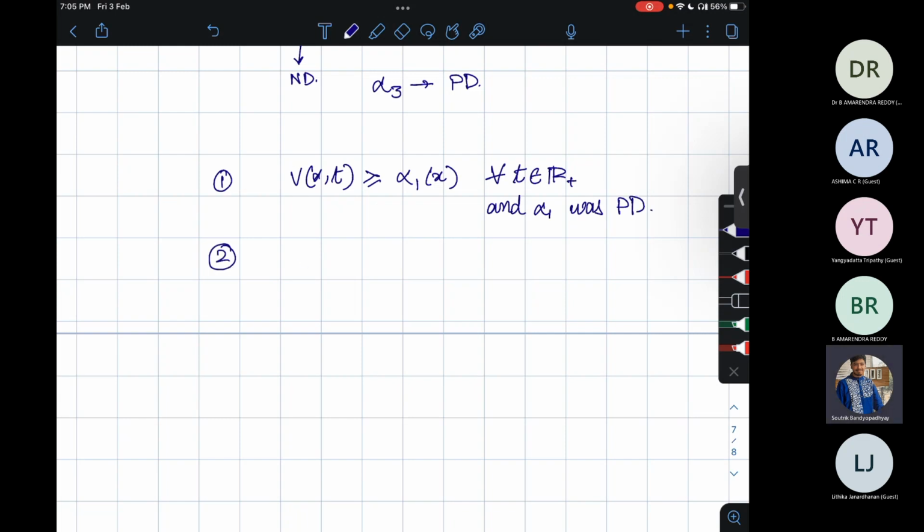The second, the derivative of V of x comma t was less than or equal to minus alpha 3 of x for all time, and alpha 3 was positive definite.